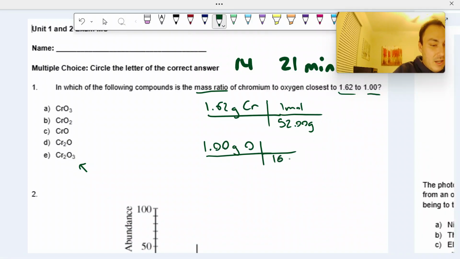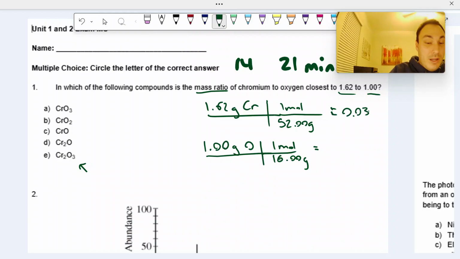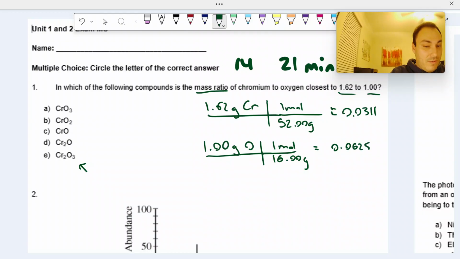Oxygen is 16 grams per 1 mole. Let me get my calculator out. 1.62 divided by 52 is 0.0311. 1 divided by 16 is 0.0625. And that is the mole ratio.